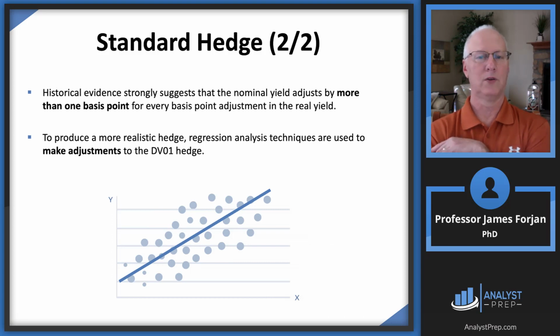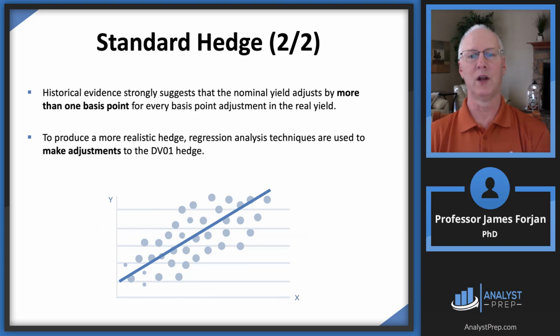Now, one of the questions that we can ask is, hey, let's go back and see what those yields have done over the years. So historical evidence strongly, notice I have that word strongly in there, suggests that nominal yield adjusts by more than 1 basis point for every basis point adjustment in the real yield. And that probably should make some basic fundamental economic sense.